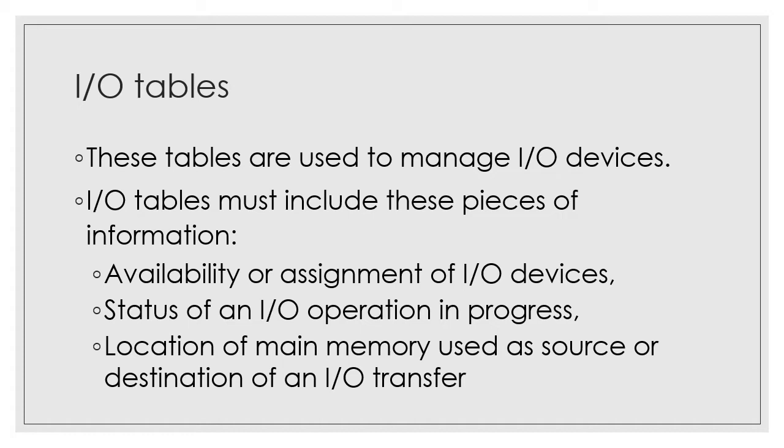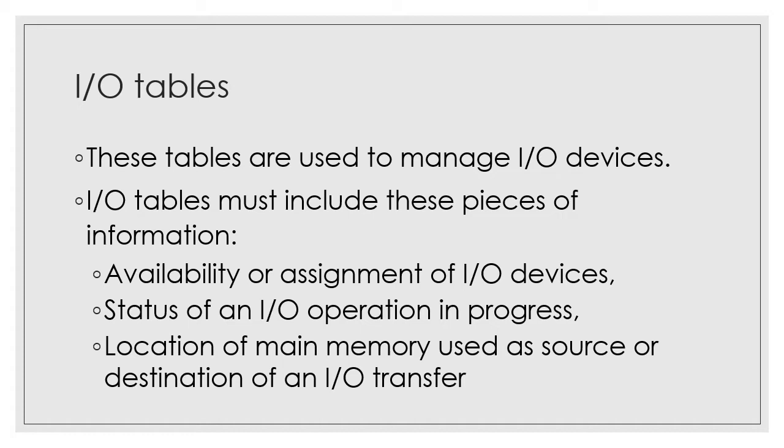Status of an I/O operation in progress. The OS needs to know if an I/O operation has started, if it is successful or unsuccessful, if there is an error, and what error it is. Location of main memory used as source or destination of an I/O transfer.